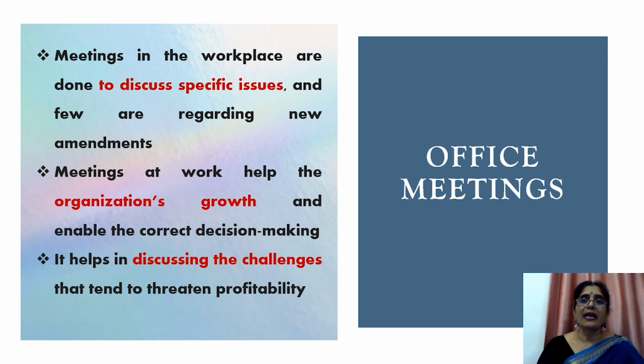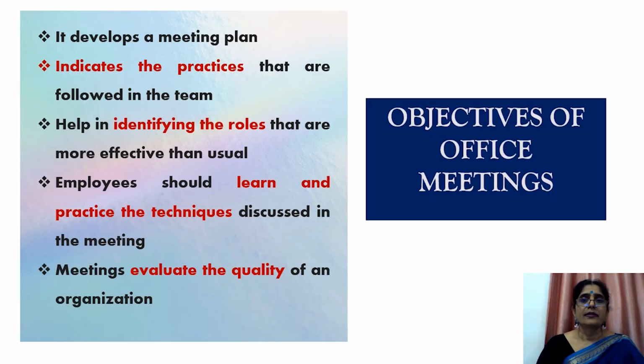Office meetings are also planned or held to make correct decisions, and they help in discussing the challenges that a particular company or business is facing. So office meetings are generally for important specific issues. And what are the objectives of these office meetings?